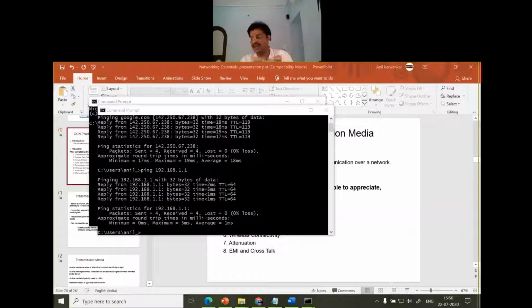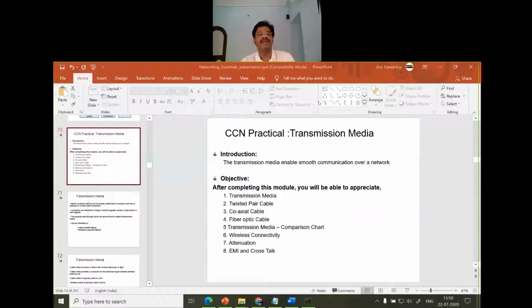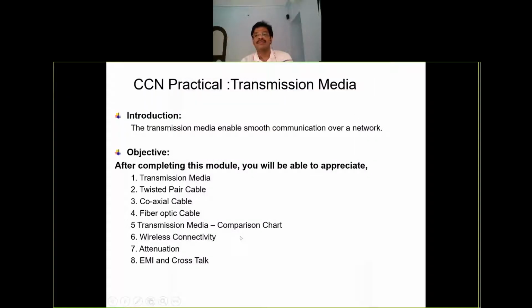Normally, whenever I'm talking about the intranet that is being prepared in our lab, the type of connectivity is typically provided with different types of cables.